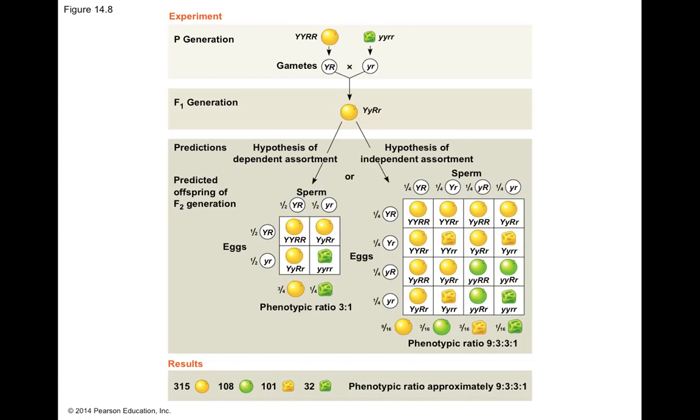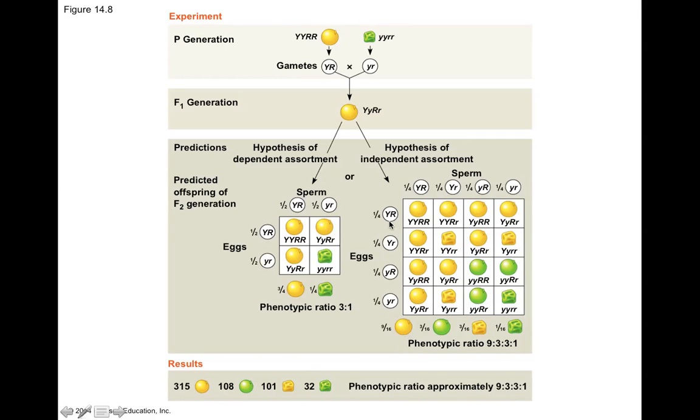So he was testing his hypothesis to see whether those two characteristics were somehow linked together. Would he get only yellow round and green wrinkled peas, or would he get all the permutations of yellowness and greenness and wrinkledness and roundness? And what he found was that he did get this.